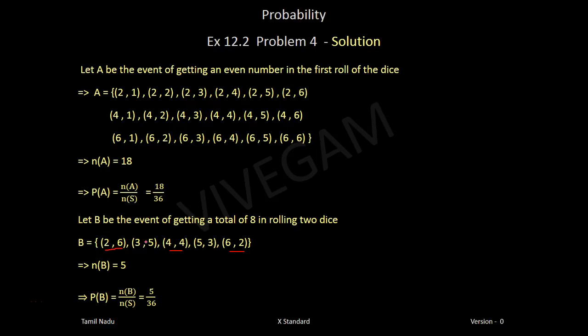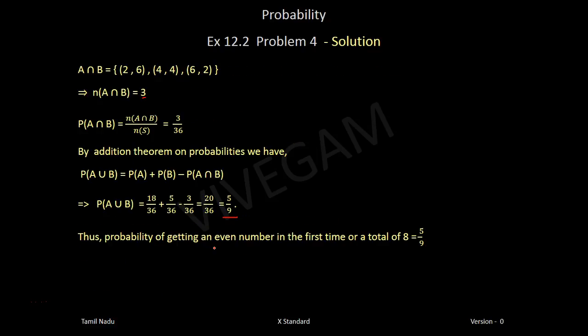And these are these 3 outcomes, right? So list out the elements of A intersection B, then find n of A intersection B, which is 3. From there, you can find the probability of A intersection B. Once you know the probabilities of A, B, and A intersection B, substitute in this formula and get the value of the probability of A union B.